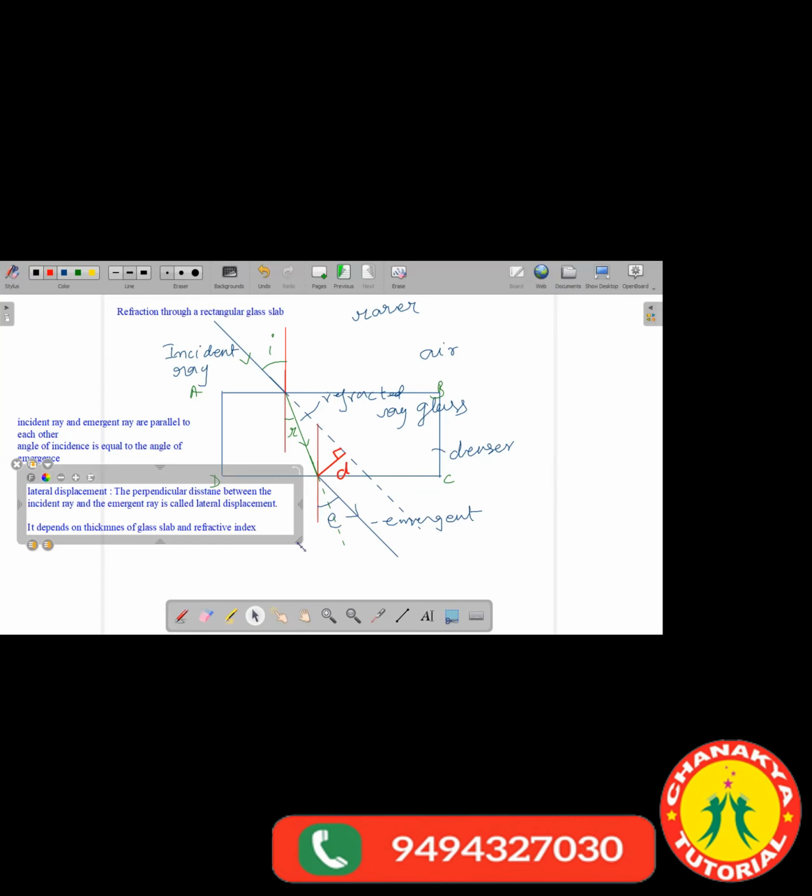So these are the two factors on which the lateral displacement depends. Any doubts here from refraction through glass slab?